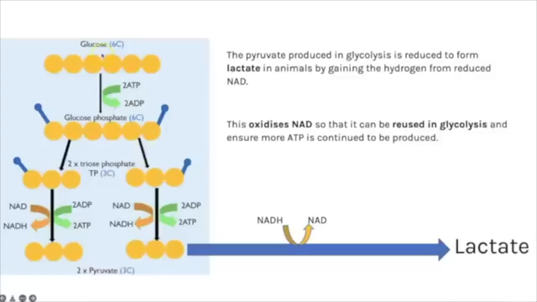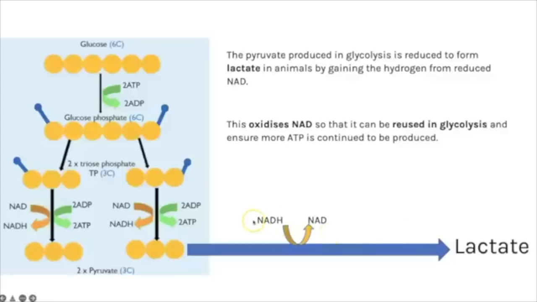So what we have happening is glycolysis occurs as usual because no oxygen is needed for that stage. But instead of the pyruvate being transported into the mitochondrial matrix for the link reaction, it remains in the cytoplasm and the pyruvate is reduced to form lactate.